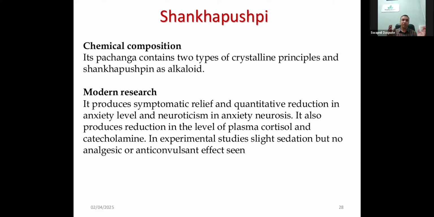Hence, automatically the excitement and the blood pressure also reduce in the patient. So Shankapushpi is a very good herb for overall the Manovaha and Majjavaha Srotas.